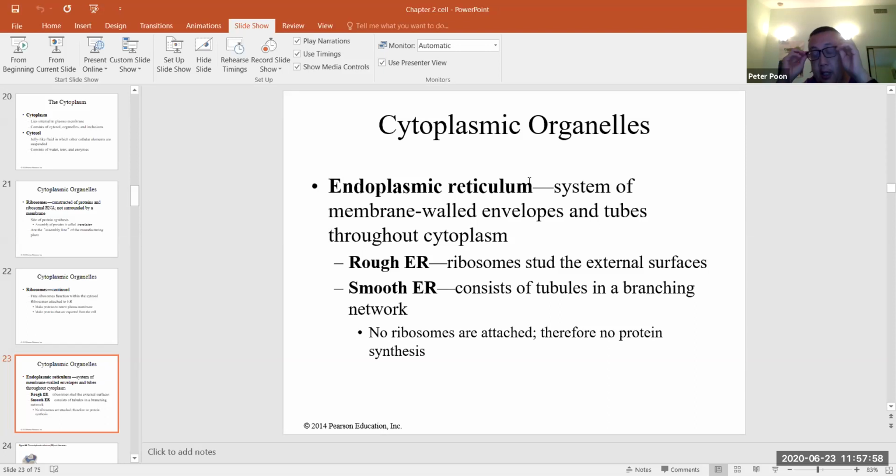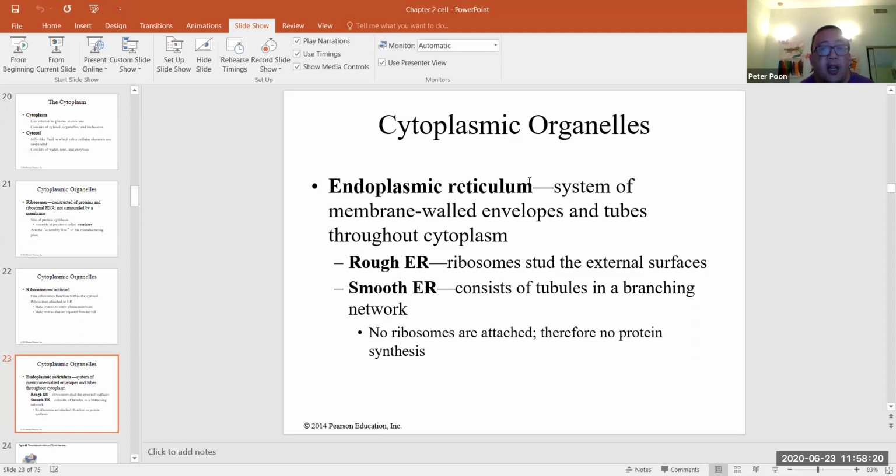When we first invented microscopes, the microscopes kind of sucked. And when we used them to look at ER, what we saw was 2 types of ER: ER that was rough and ER that was smooth.